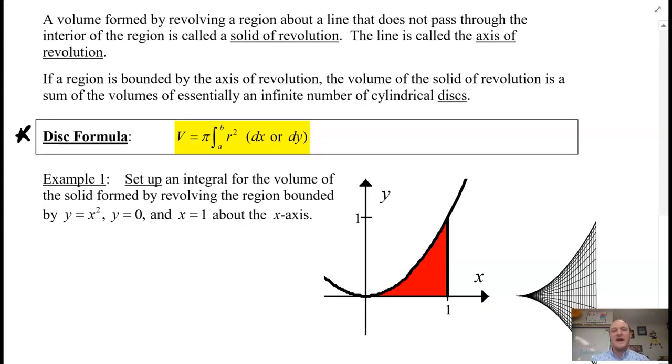The line is called the axis of revolution. Most of the time, the x-axis will serve as your axis of revolution, or the y-axis if we're integrating with respect to y. But sometimes that might change, and we'll look at some examples. If a region is bounded by the axis of revolution, then the volume of the solid of revolution is the sum of all the volumes of essentially an infinite number of cylindrical discs.